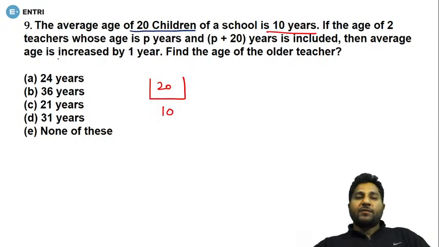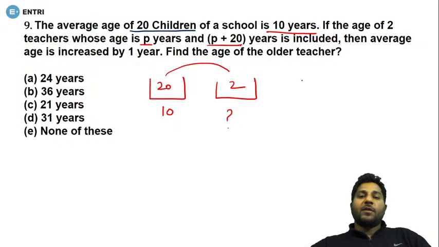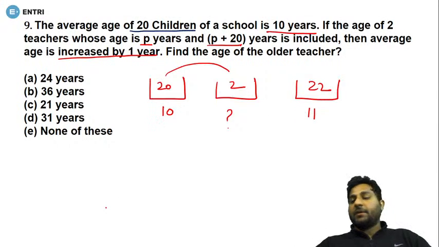If the ages of 2 teachers, whose ages were P years and P plus 2 years, that means for 2 teachers we don't know the exact age, are included, the total number of people will become 22. Then the average age is increased by 1 year. So earlier it was 10 years, now it will become 11.